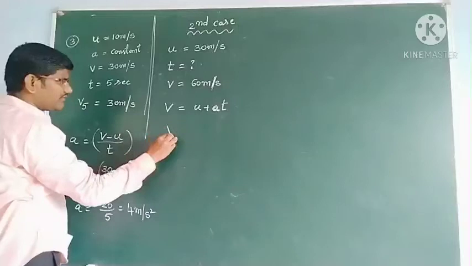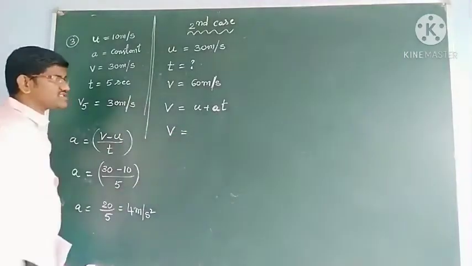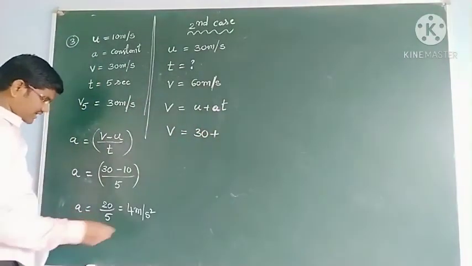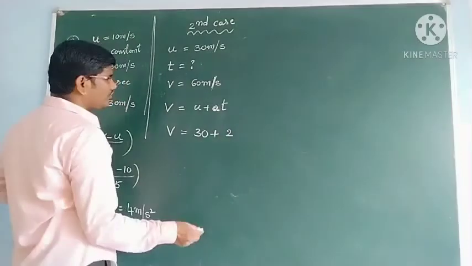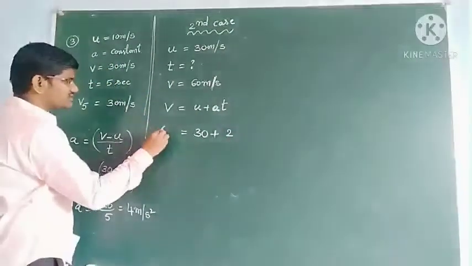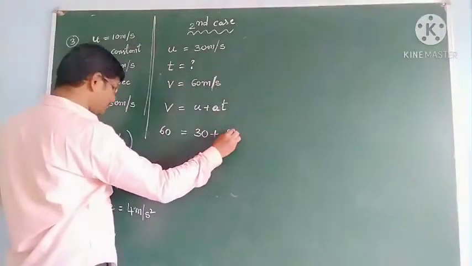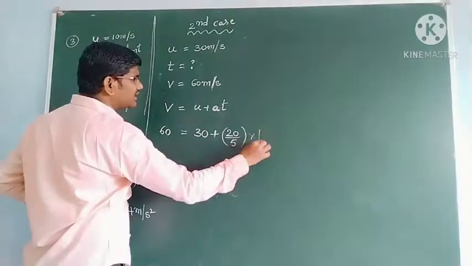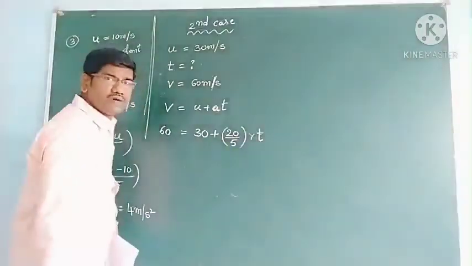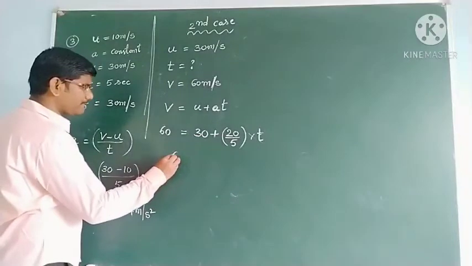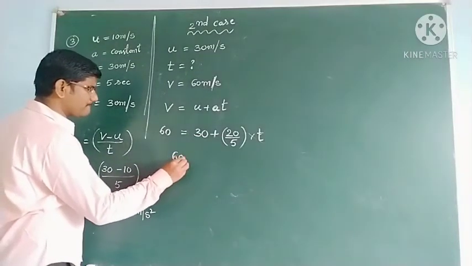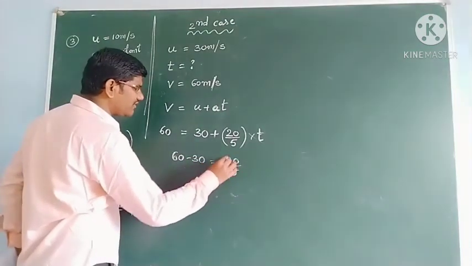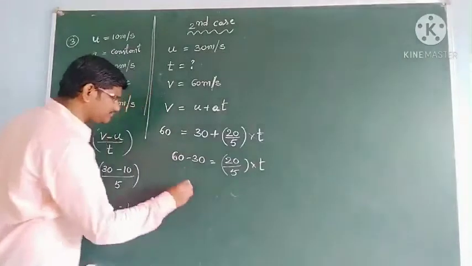So we have to find the time. Initial velocity is 30 meters per second, the final velocity is 60 meters per second, and the a value is 20 by 5. After what time? So time is the question mark. Okay students, then 60 minus 30 is equal to 20 by 5 into t.